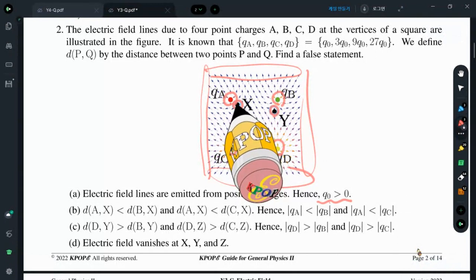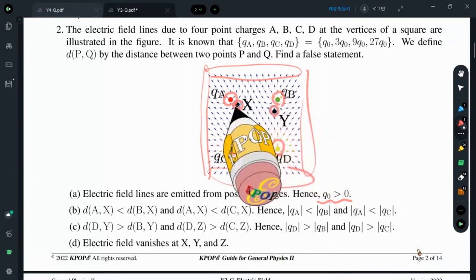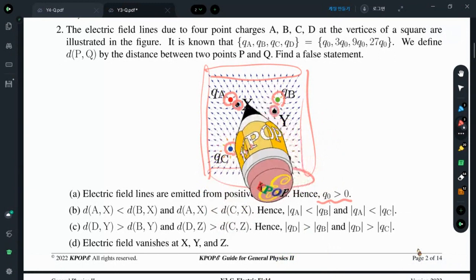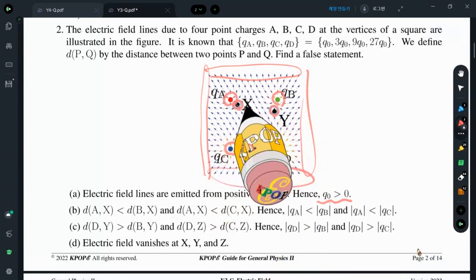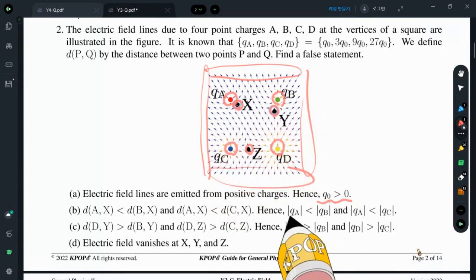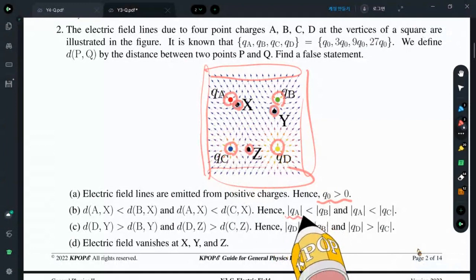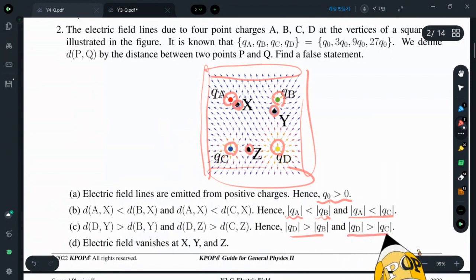From this, we expect that the electric field due to B is stronger than the electric field due to A. Therefore, the electric field vanishes near A rather than B. So the magnitude of the electric charge of A should be smaller than that of B. In a similar manner, we can find all these results.